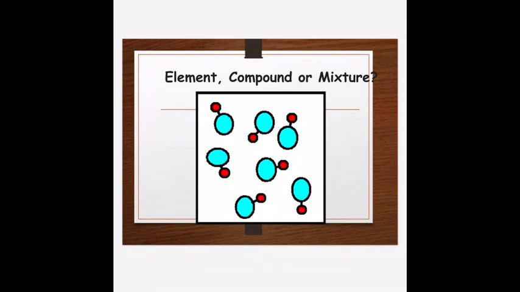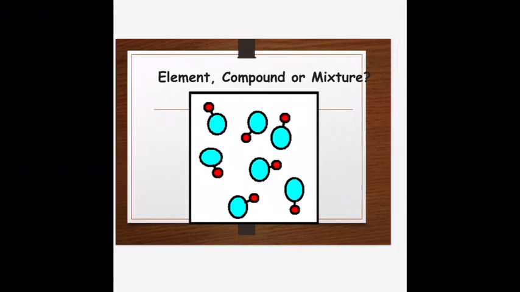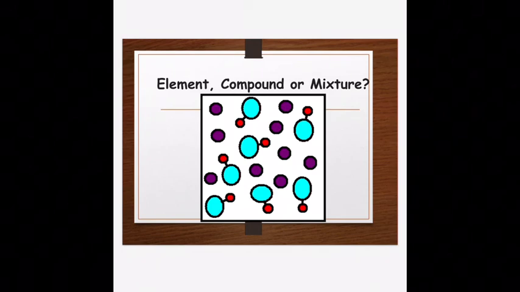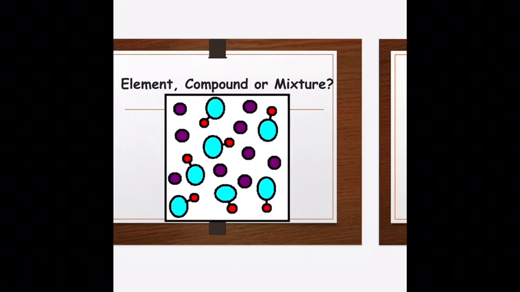Okay, next one. All of these little atoms look exactly the same, so this is a compound. Okay, so the purple ones, those are elements. The blue and red ones are compounds. So this is technically a mixture of elements and compounds.